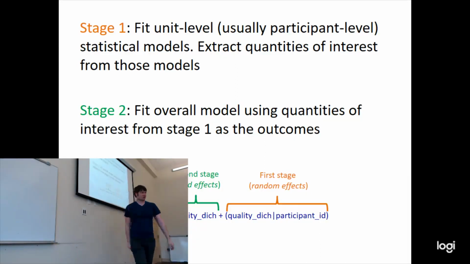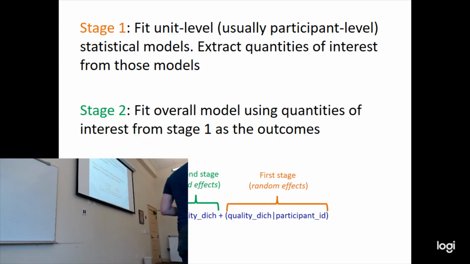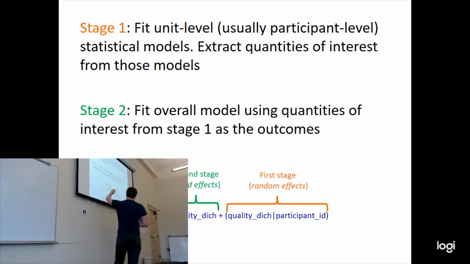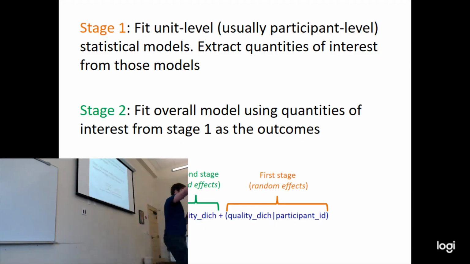The fixed effects are called fixed effects because they're assumed to be the same for all participants. So we're assuming that there's a common average value that people give to these reviewers, even though people depart from this average. We're also assuming that there's some average difference between high and low quality rates.